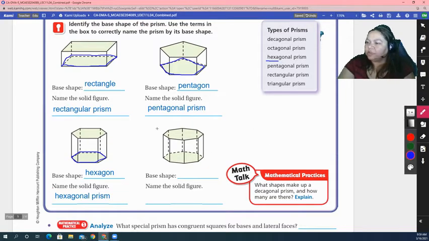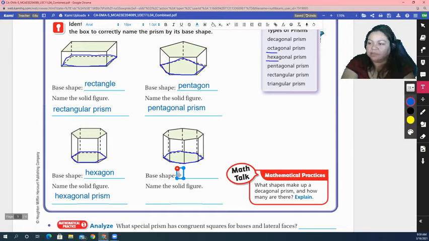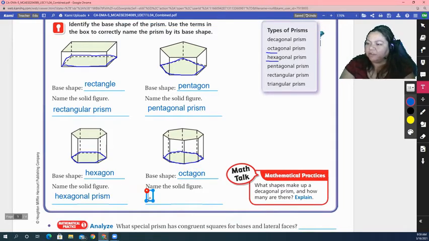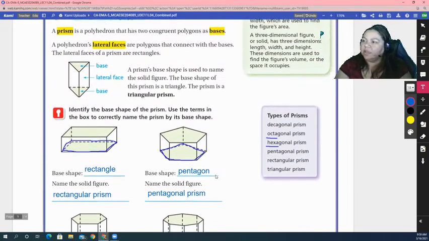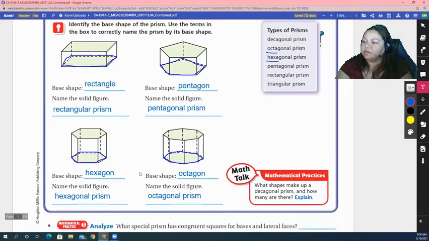Now let's look at the next one. What shape do we have on the base? 1, 2, 3, 4, 5, 6, 7, 8. 8 is for octa. So the base shape is the octagon. That means that the name of the solid figure is an octagonal prism. All right.